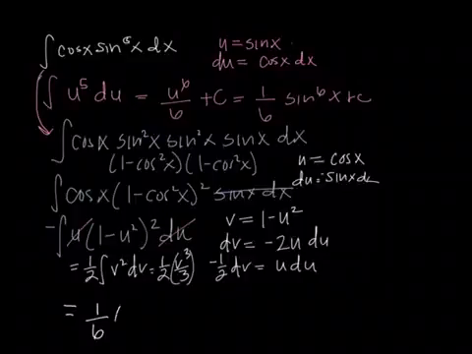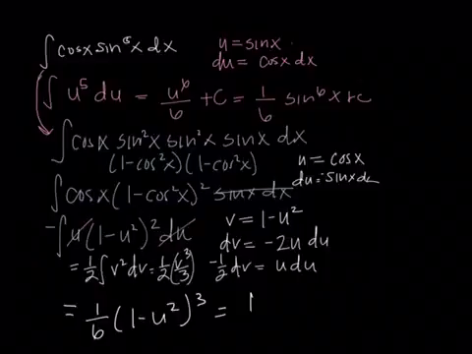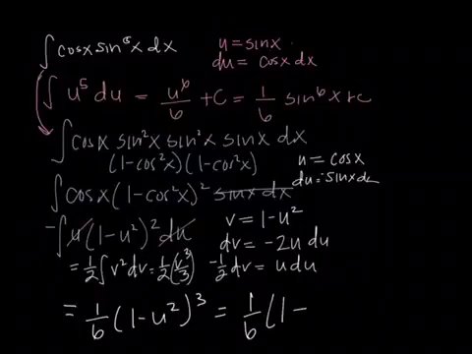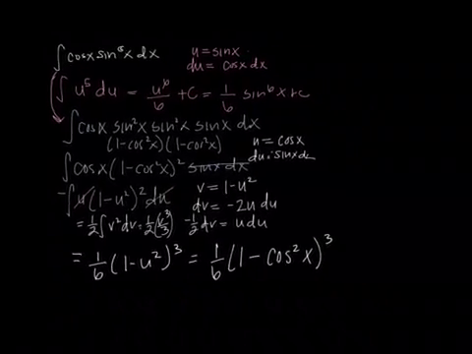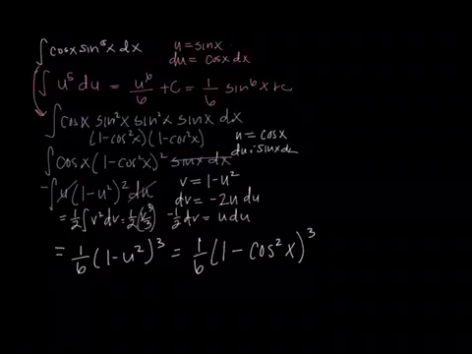We know v is 1 minus u squared, to the third. And we know u is cosine of x, which, zoom out again, gives my answer in terms of cosine, which was the original goal.